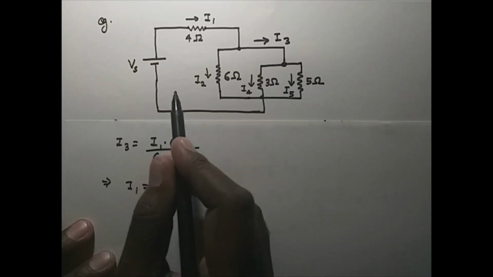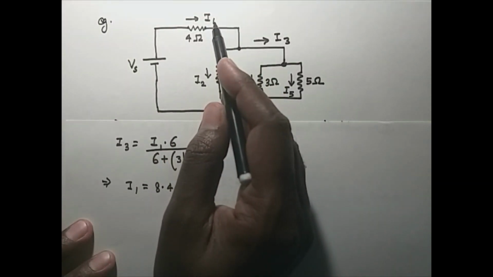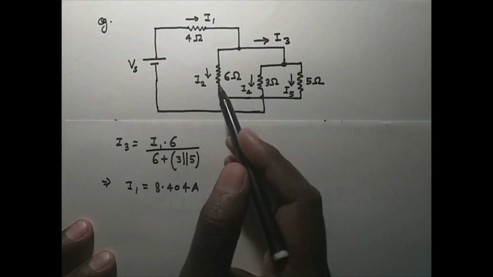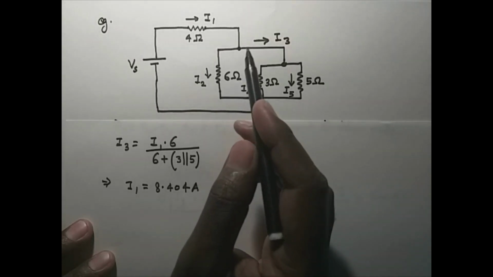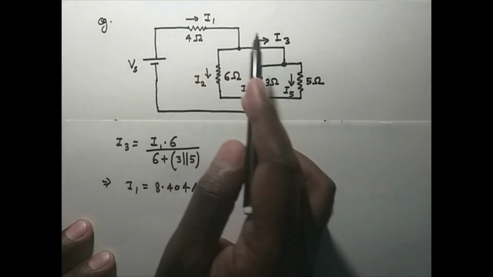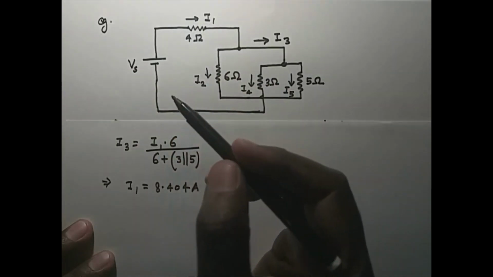So once this I1 is known, we can find out I2 either by using current division rule or by subtracting this I3 from I1.